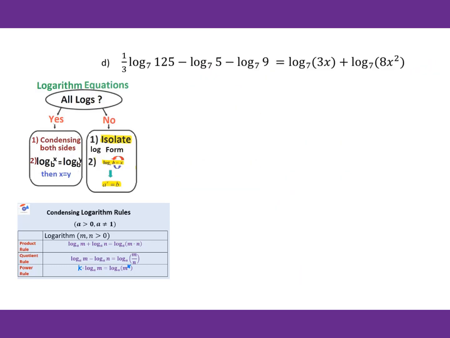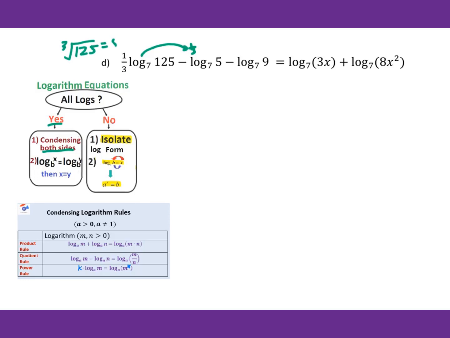Now let's go to D. For D, first of all, we check: are they all logs in this equation? Yes, so condensing the log on both sides. If we have a number before the log, jump it to the exponent. So we got cubic root of 125.